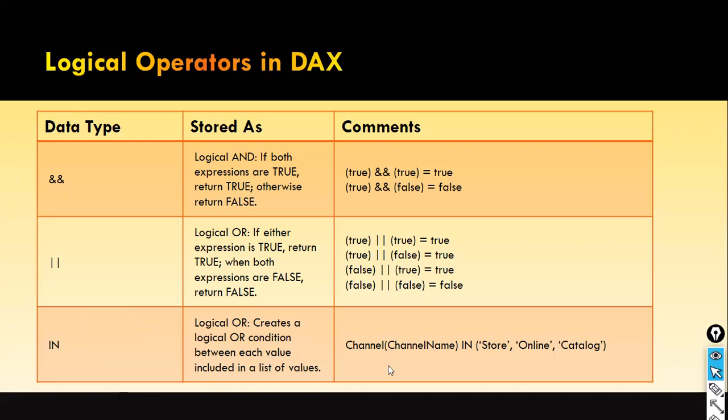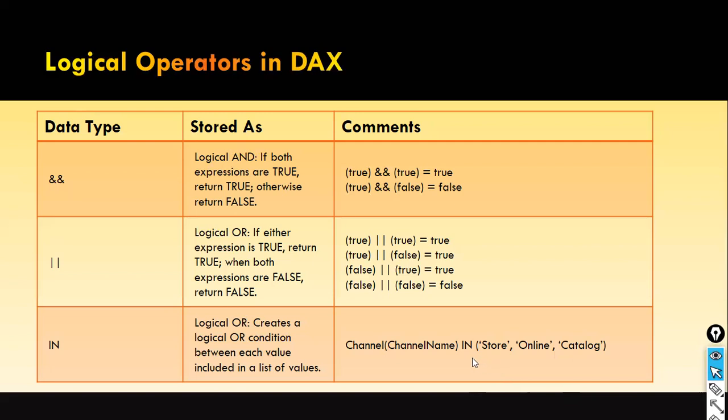Now the in operator. Using the in operator, you can compare more than one value in your column. For example, in my channel name column, select only the records related to store, online and catalog. So sales records from store, online, catalog will be selected from this data set using the in operator.